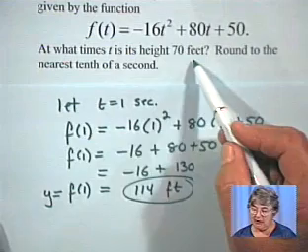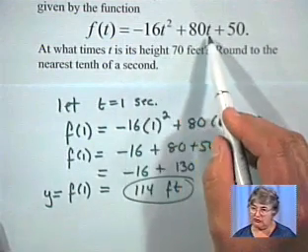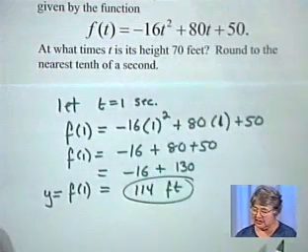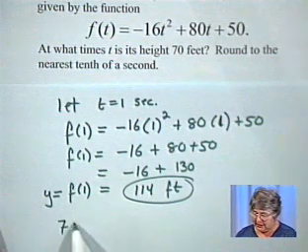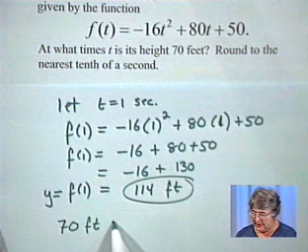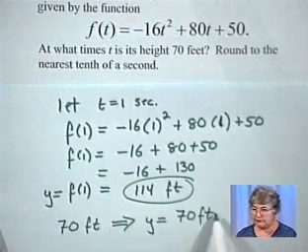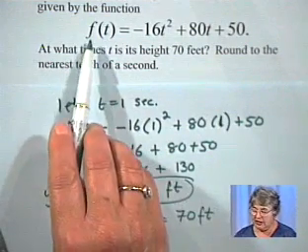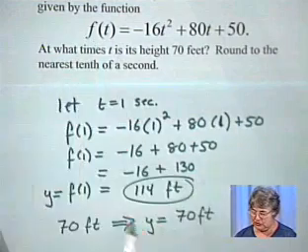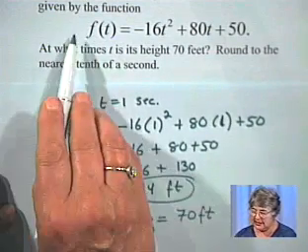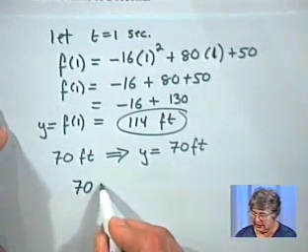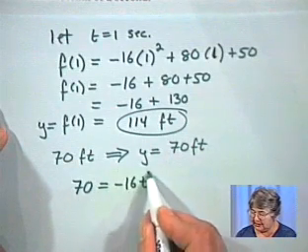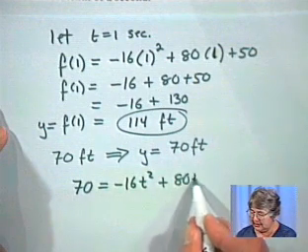For this particular problem, what we're going to need to do is to find what t equals in order to give us a height of 70. Remember that with functions, the y is the value of the function. So what we need to do then is set this equation equal to 70. So we will have 70 equals a negative 16t squared plus 80t plus 50.